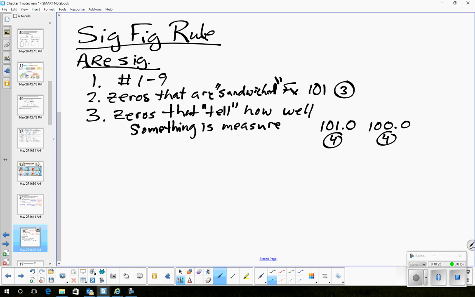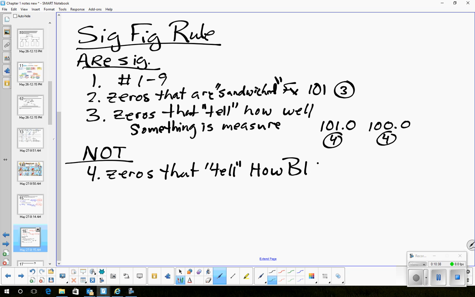Okay? And the last one is a big not significant, is zeros that tell how big or small are not significant.